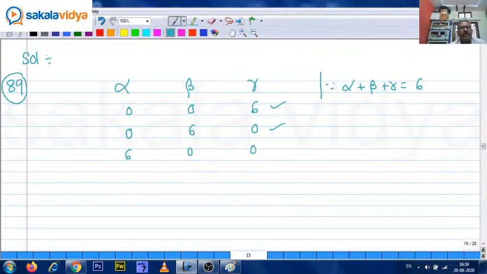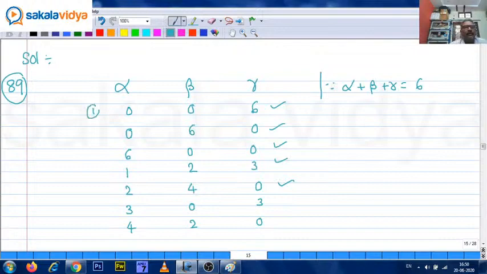The next combination is 1, 2, 3. 1 plus 2 is 3, 3 plus 3 is 6. Next combination we can take 2, 4, 0. Next, 3, 0, 3. Next, 4, 2, 0. Now count them. How many such terms do we get?